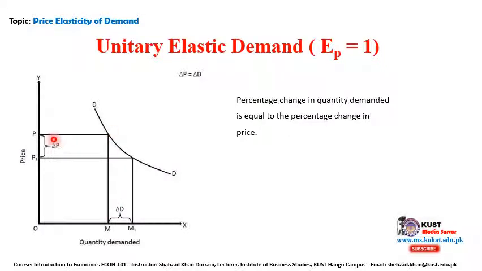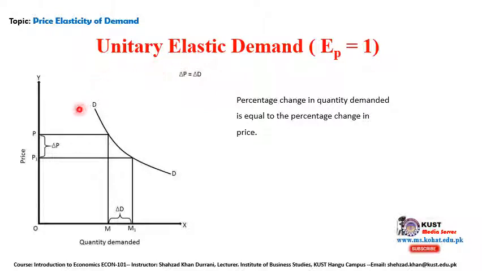Then there is a reduction in the price, right? So for example, change in P, and also there is a reduction in the demand. So we can see that change in D is equal to change in P, right? So change in price is equal to change in demand.